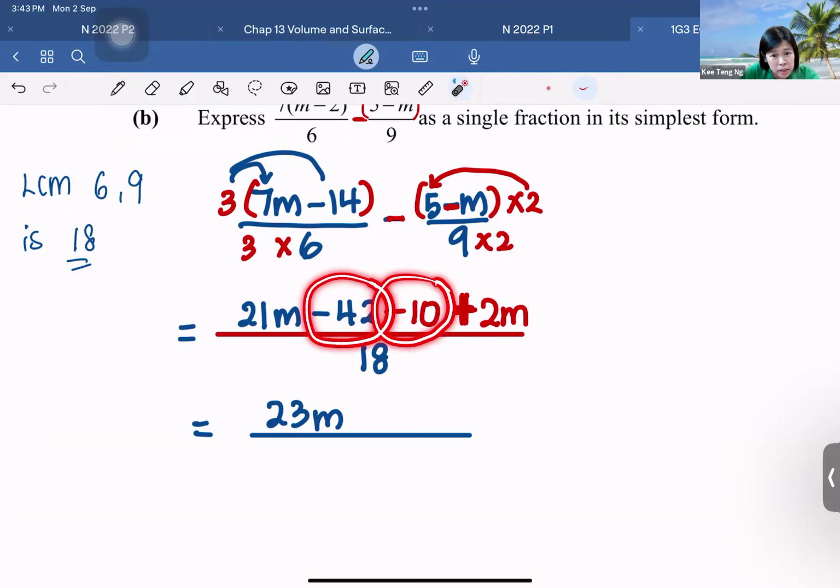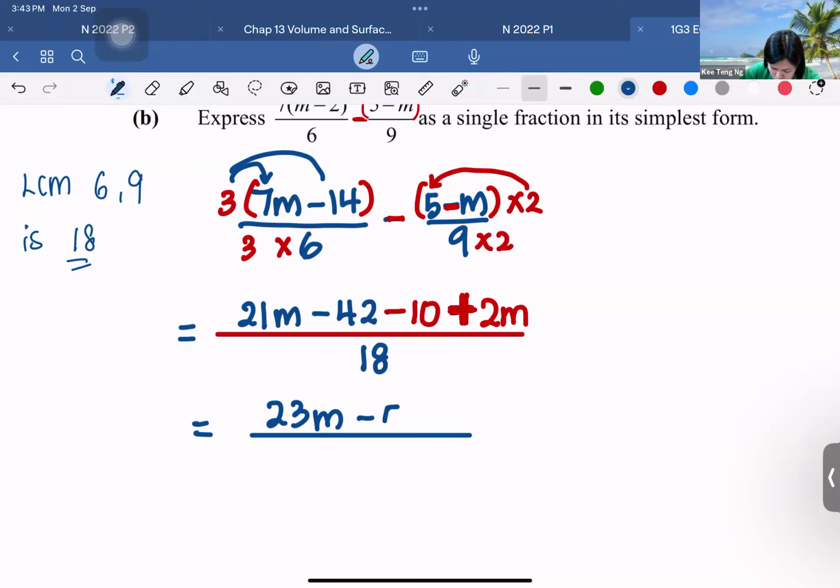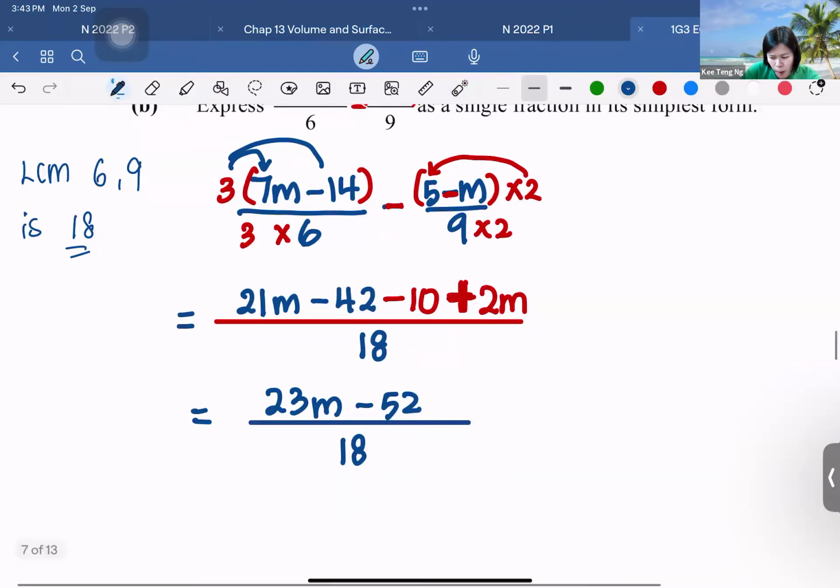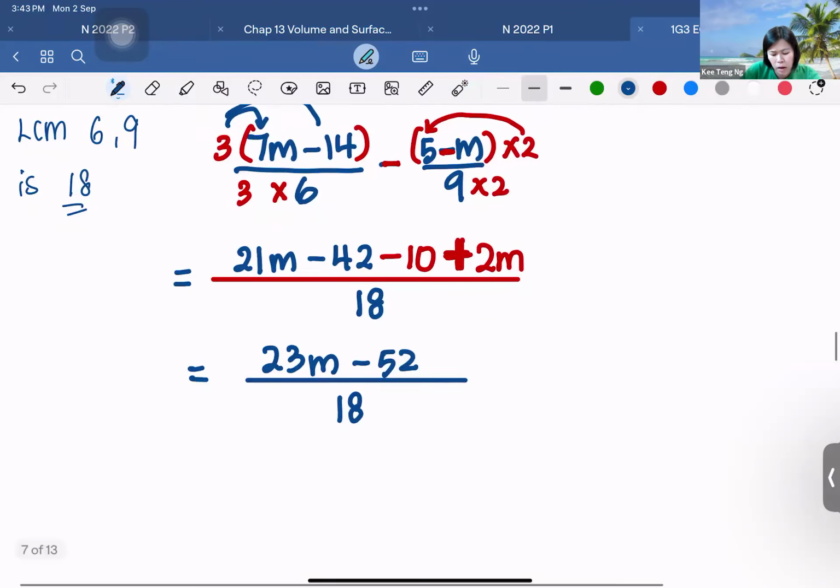Some students will give me negative 32, it's not correct, it's negative 52, over 18. All right, now as a good habit, you always check, is there any more common factor? Right, in this case, 23 and 52 have no more common factor. If there is a common factor, you need to factorize out the common factor. Okay, but in this case, no more common factor, so therefore this is going to be my final answer.